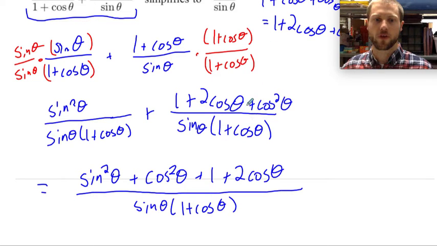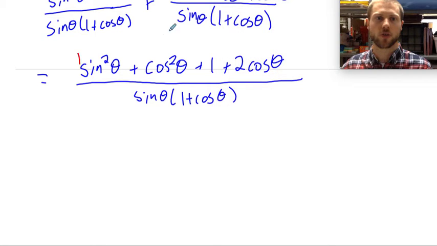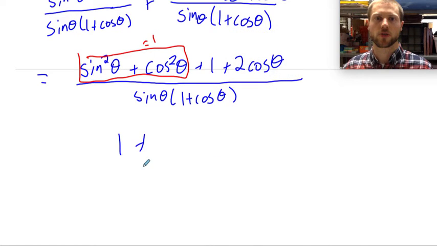Moving further, sine squared plus cosine squared simplifies to 1. That's great. So I can now write this as 1 plus 1 plus 2 cosine of theta over sine of theta.